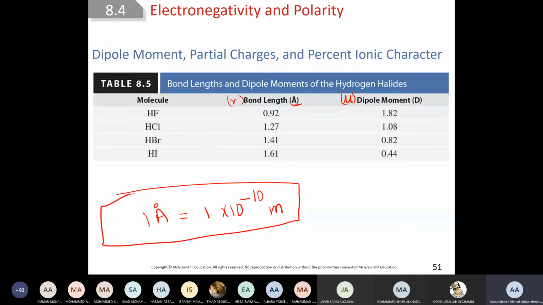Okay, now we have the dipole moment for HF. I want to solve a problem now. I want you to calculate Q for HF. Don't forget that μ is equal to what?